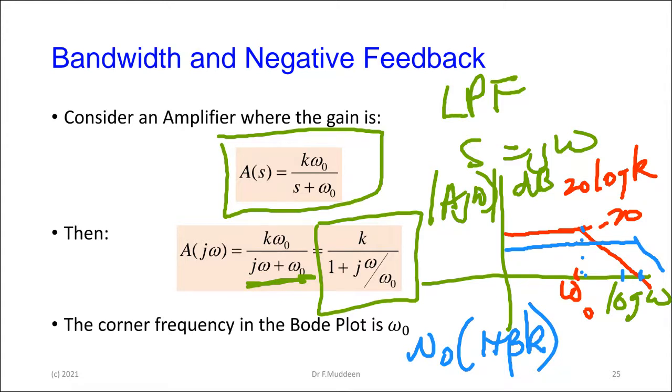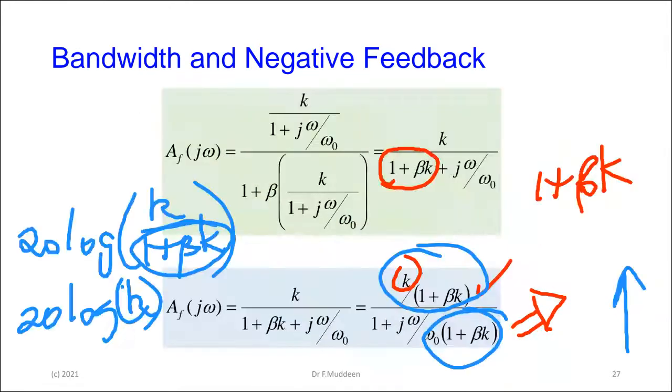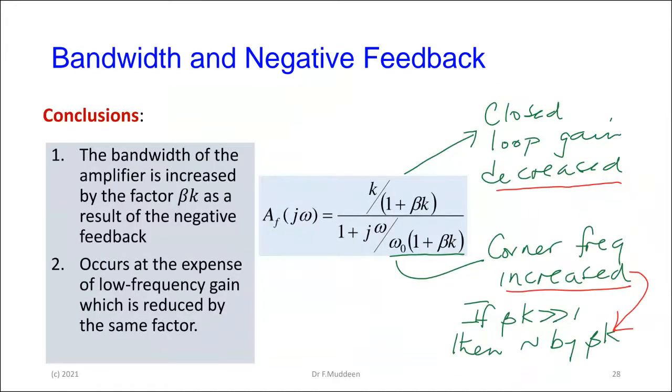So what we've done is we have in fact increased the bandwidth, but we have done it at the expense of the open loop gain. So the bandwidth of the amplifier is increased by the factor 1 plus beta K, but the closed loop gain now has gone down by that factor.